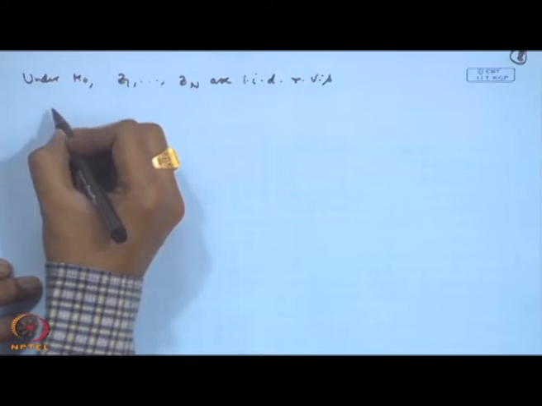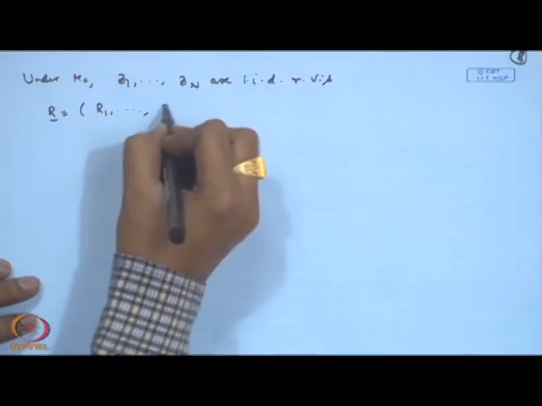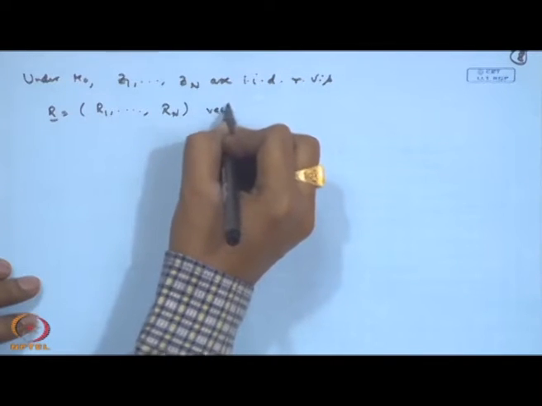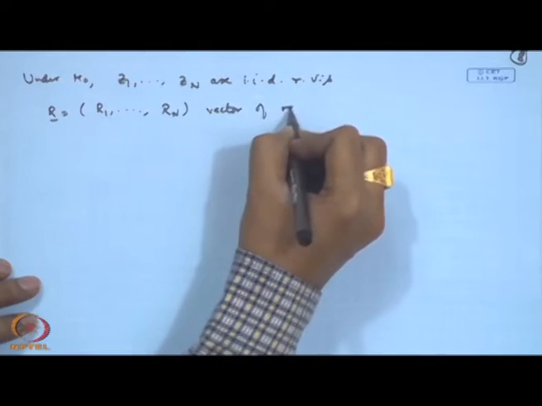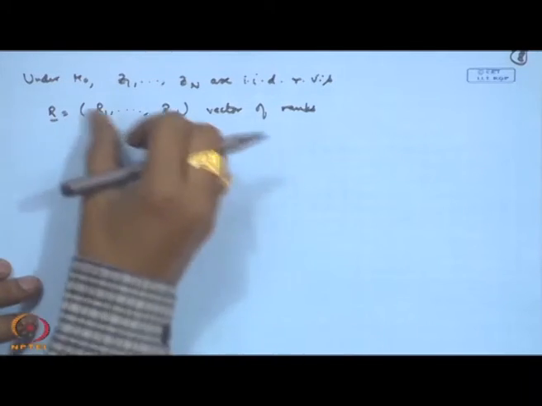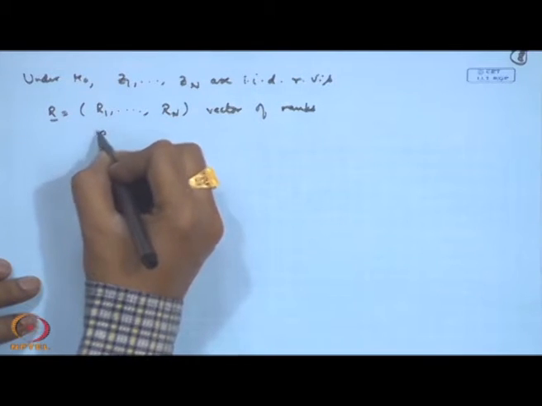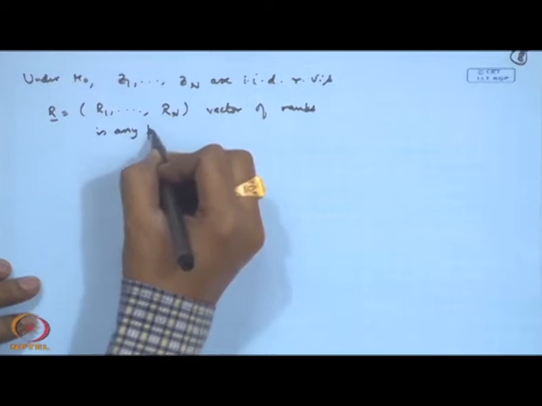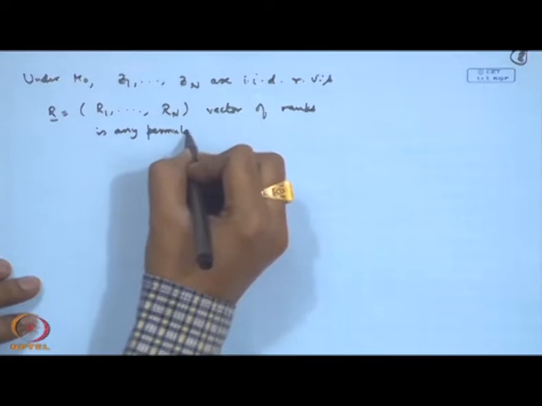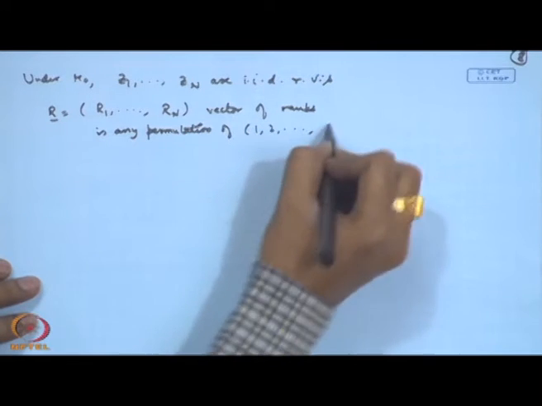So, if I consider R equal to (R1, R2, ..., Rn), that is the vector of the ranks, this will be any permutation of the numbers 1 to n.